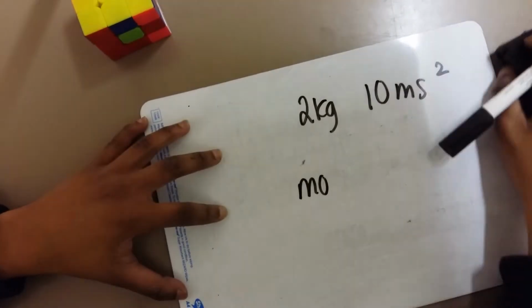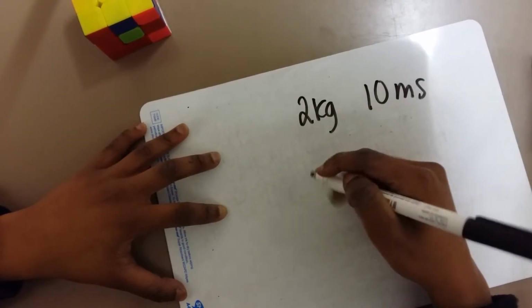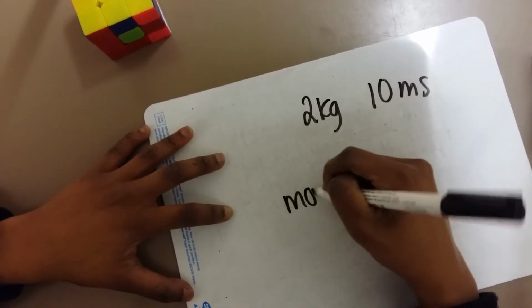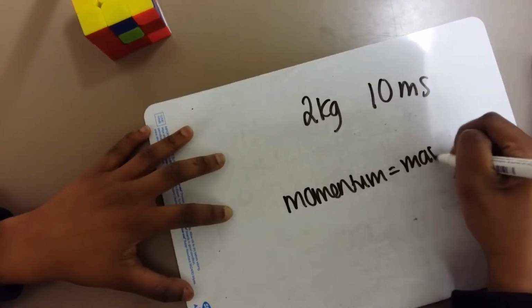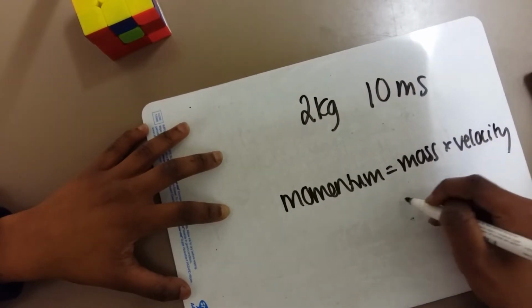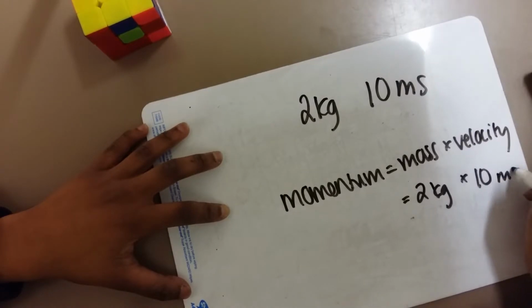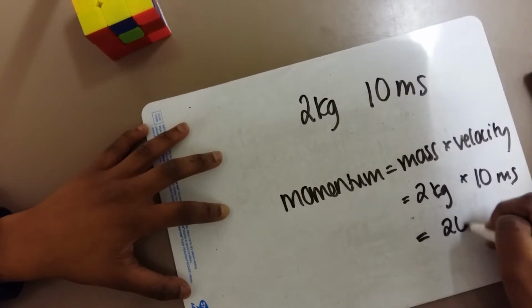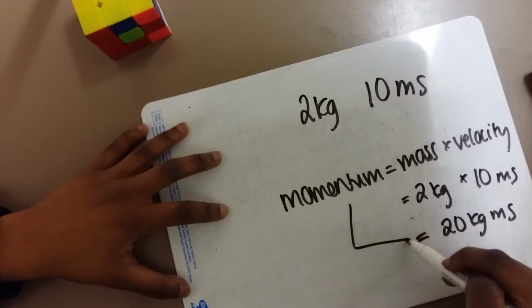So instead of meters per second squared, let's make this meters per second. Because we have momentum equals mass times velocity. So if we do 2 kilograms times 10 meters per second, we get 20 kilogram meters per second, which is our unit for momentum.